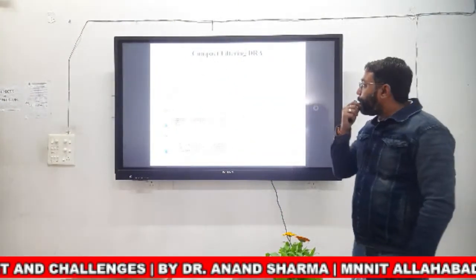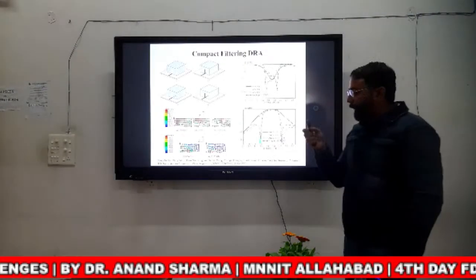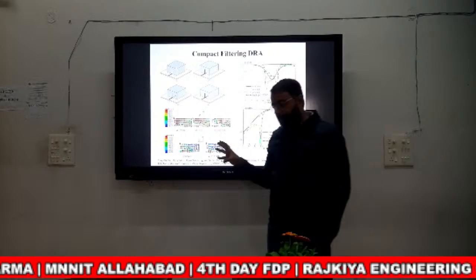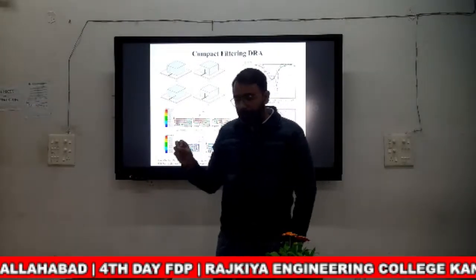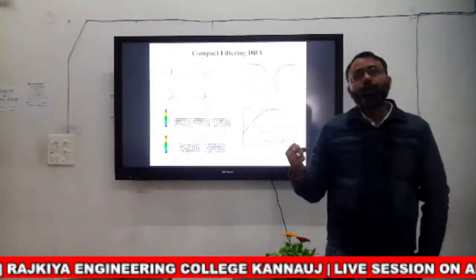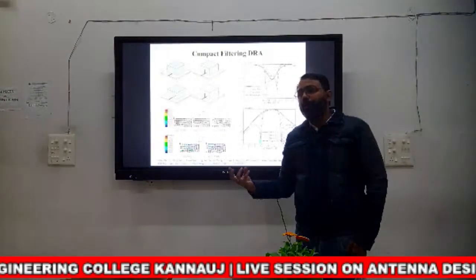Now come to the part of filtering. Right now we are talking about two important characteristics in 5G in case of an antenna. One is known as filtering antennas. Another one is the quasi-isotropic radiation pattern.